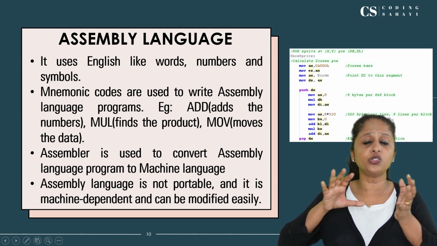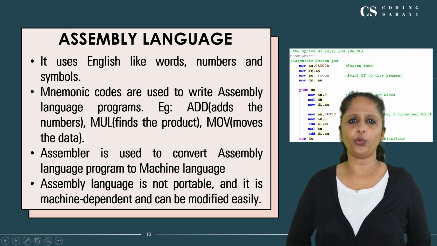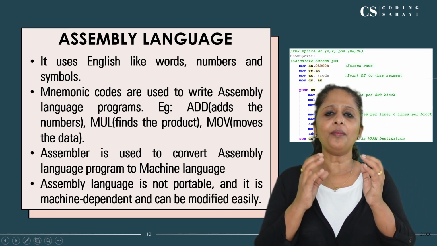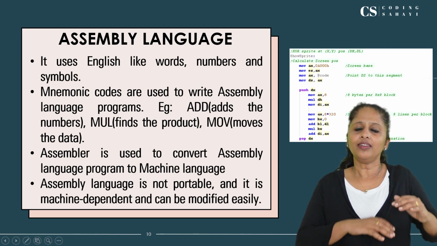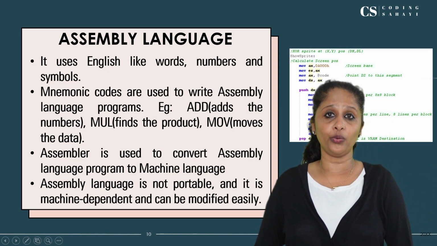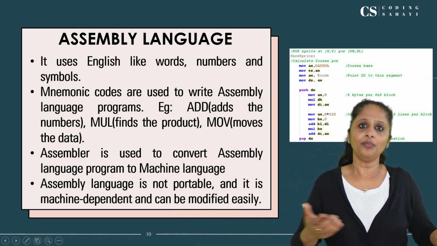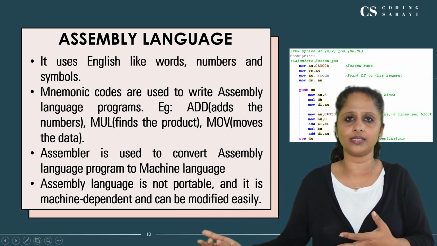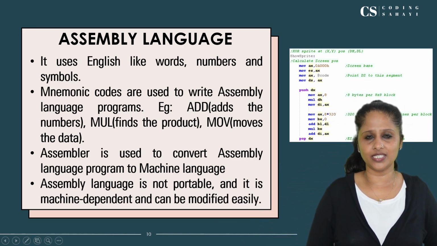So like that we have so many mnemonics in assembly language. So there is a question. Computer can understand only machine language, and we are writing assembly language program in English, and we are using the numbers also. Computer knows only zeros and ones. How a computer can understand this assembly language?